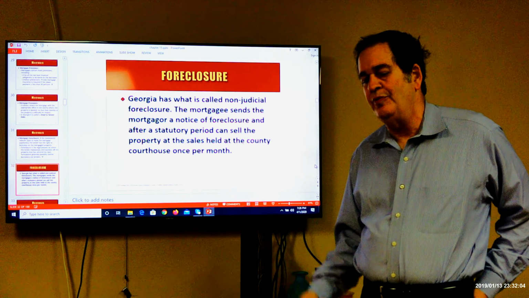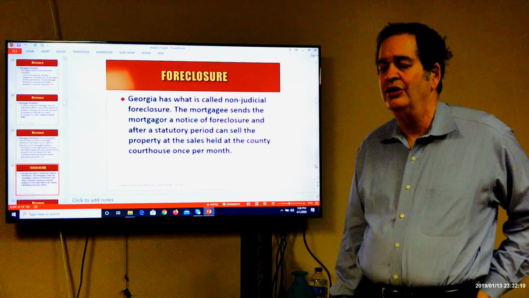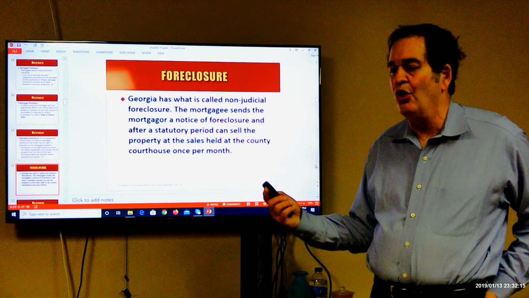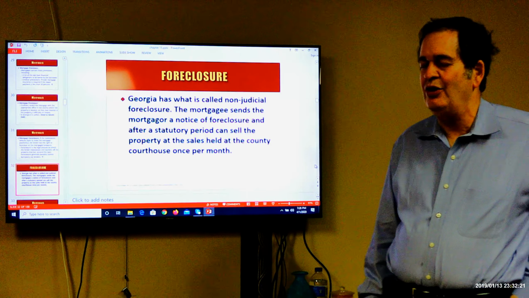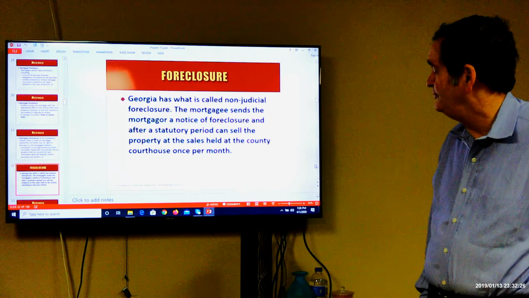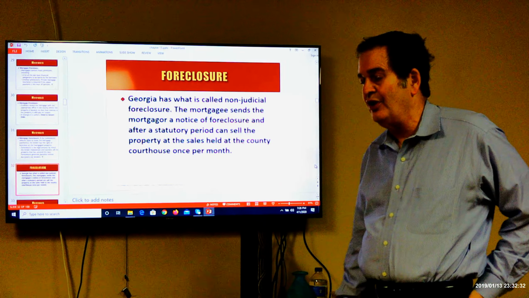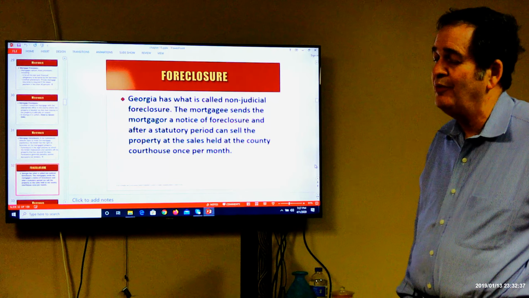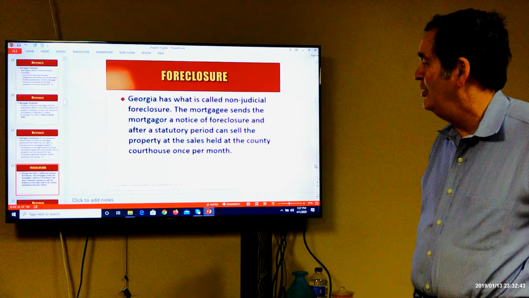The rest of the procedure basically is that they have to advertise this in the local legal organ newspaper for a period of time, and then the property is sold by the creditor on the steps of the courthouse in the county where the property is, on the first Tuesday of the next month after the ads run. Okay? And anybody can buy it for whatever price there is, and that's how that works. Normally, or not normally, but many of the times it's the bank that ends up buying or taking the property, the lender that is.